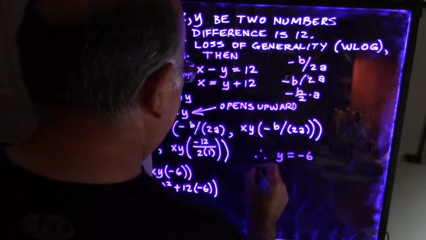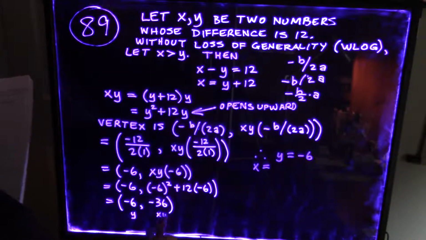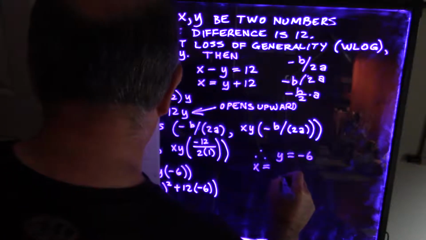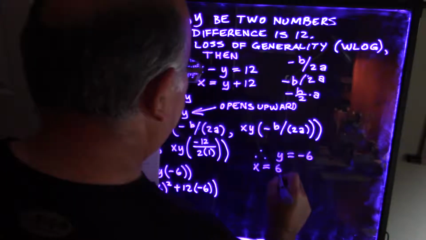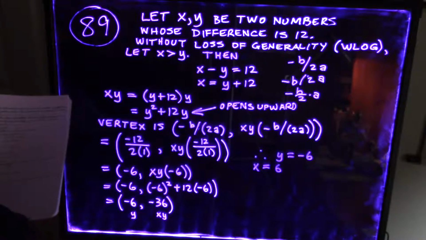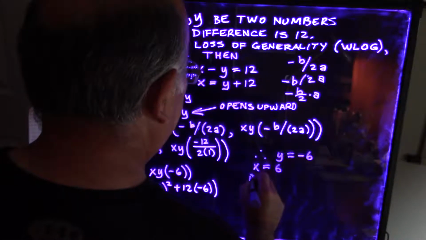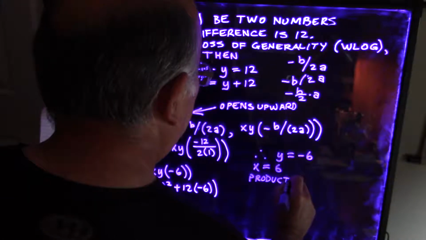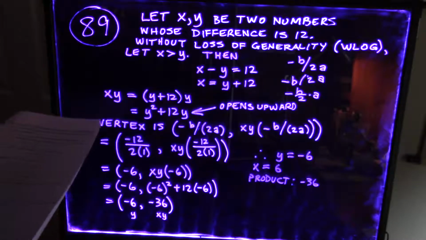And x, then, what's x? It's y plus 12. Negative 6 plus 12, so that's 6. And the product is negative 36. Okay, there you go.